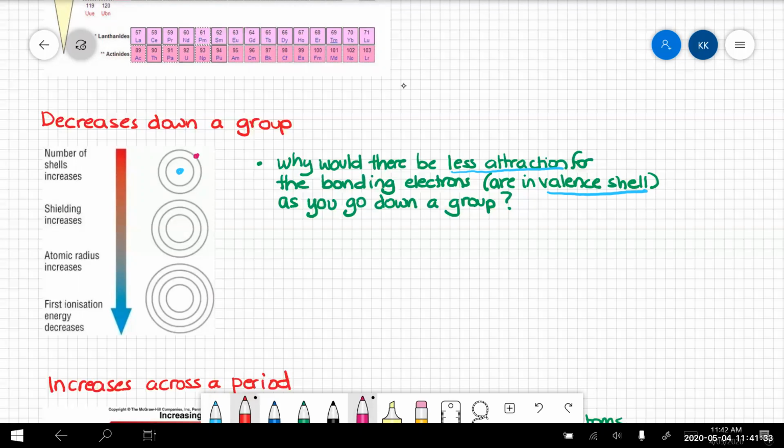What affects the force of attraction between the nucleus and the valence electrons? First of all, size of charges. Remember Coulomb's law. And secondly, the distance between the charges.